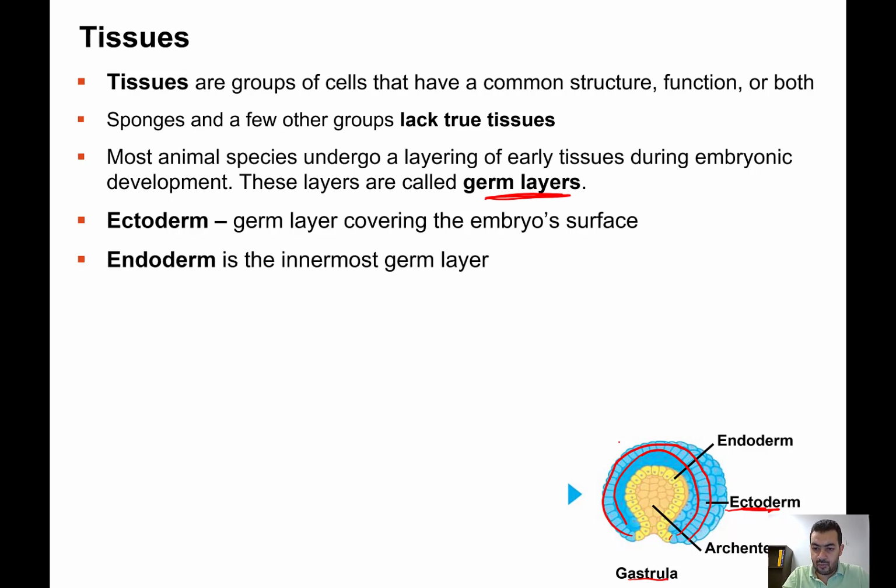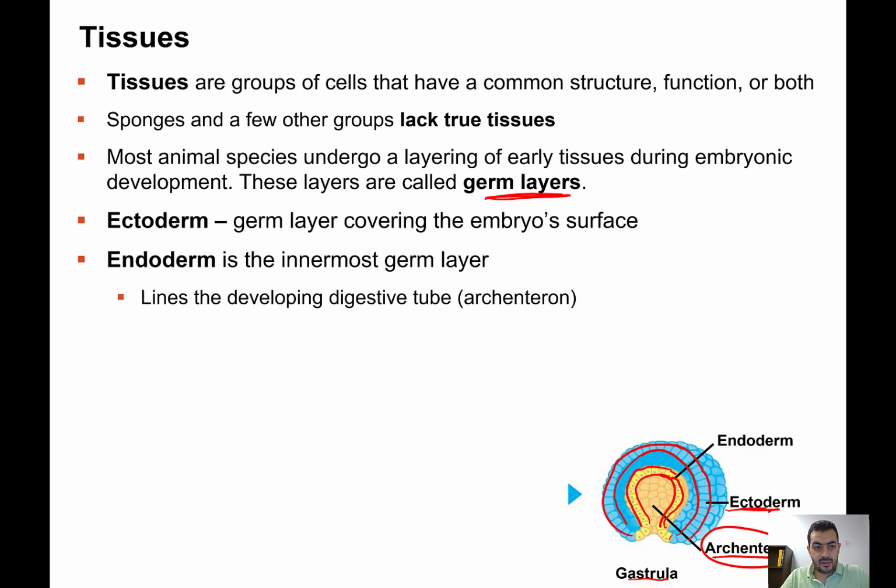And then we have what is known as endoderm, which is shown here in yellow. The endoderm is the internal layer, or the innermost layer of the germ layers. This endoderm covers the archenteron. The archenteron is the primitive gut system or digestive system of the animal.